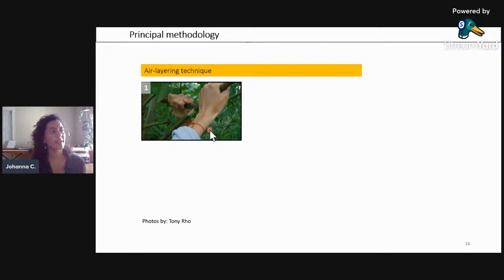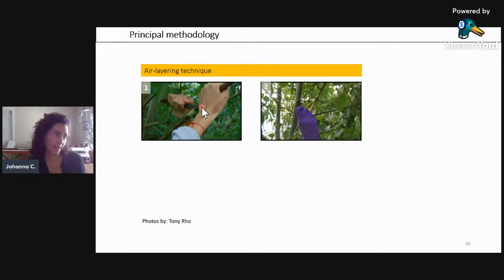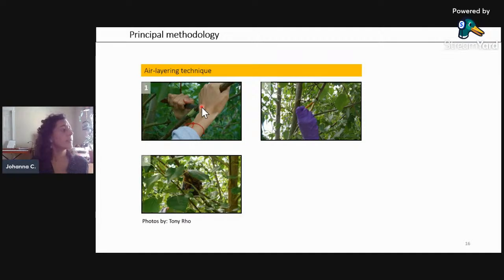If you're not familiar with that technique, I'm just going to explain it very briefly in a few steps. First, you peel the branch, and then add some auxins or growth hormones, and then you cover it with peat moss, just to simulate the mosses or canopy soil in the forest.